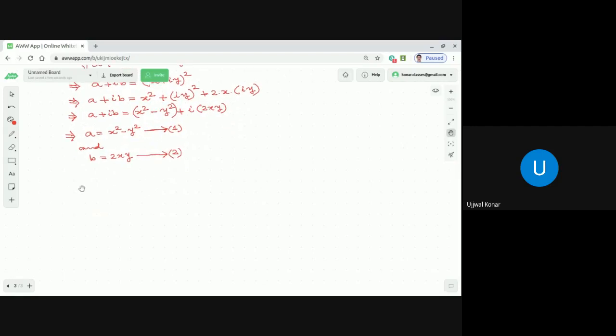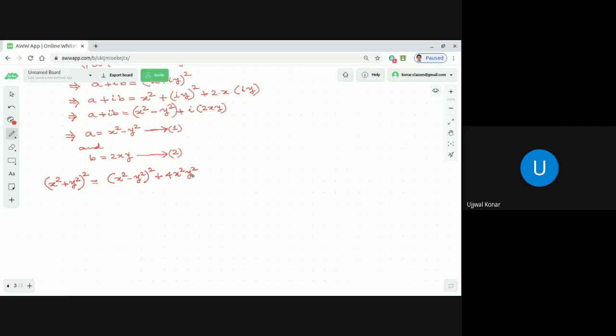That is equal to x square minus y square whole square plus 4 into x square into y square. If you recall, a plus b whole square is equal to a minus b whole square plus 4ab. Correct or not?